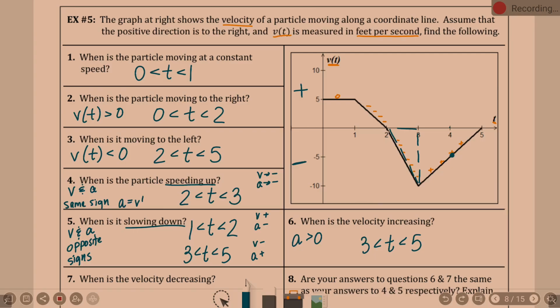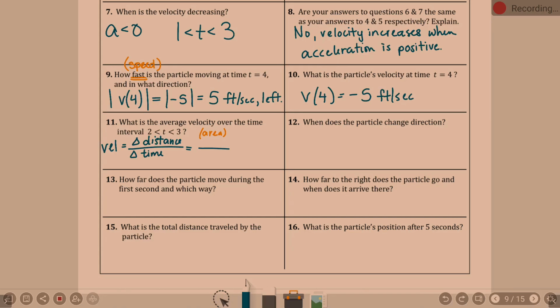So 1/2 times 1 times -10 is what we're looking at there. So what I was going to have on top here is 1/2 times 1 times -10. The change in time, that's 3 minus 2, which is 1. So you do end up with -5. And that would be feet per second.